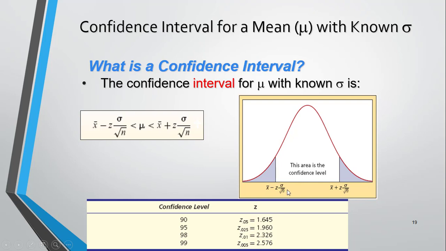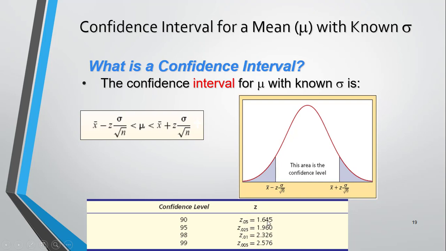Your confidence interval depends on your confidence level, how confident you want to be. If you want a 90% confidence level, then the tail area is 0.05. 90% means you want this area to cover 90% of all the observations. If this is 90%, then this is 5% here and 5% here. So the z-score you choose, z.05, is 1.645.